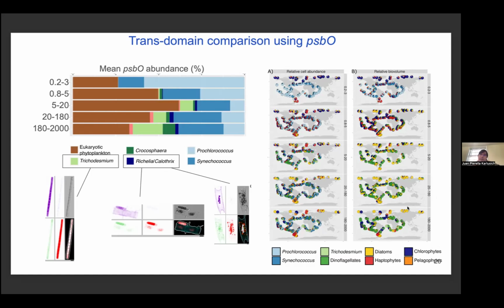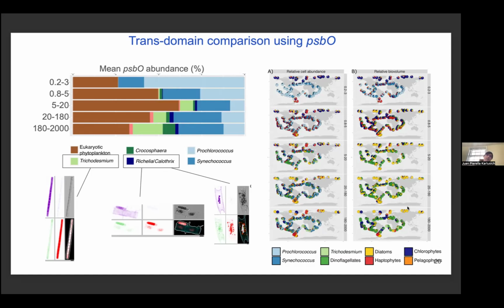You can see that in terms of biomass, the picocyanobacteria are very low abundance in the larger size fraction. That makes sense because they are very tiny compared to the other organisms.